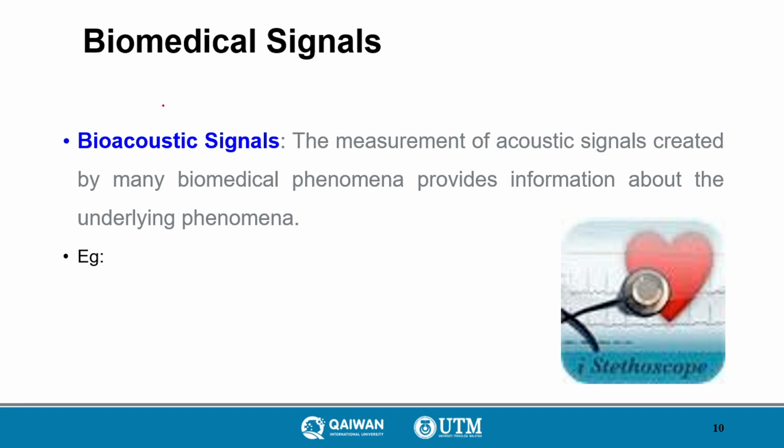The bioacoustic signal is acoustic, related to sound. The measure of acoustic signals created by many biomedical phenomena provides information about the underlying phenomena, for example, the heart sounds. These heart sounds can be heard using the stethoscope, either the electronic stethoscope or the traditional one.